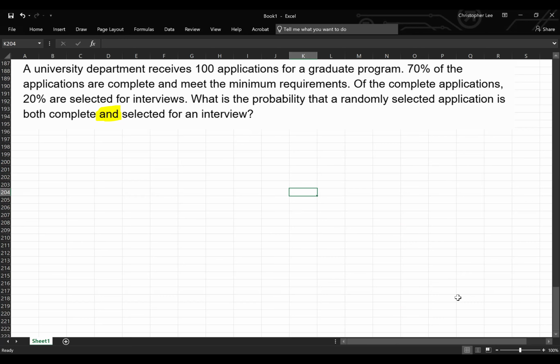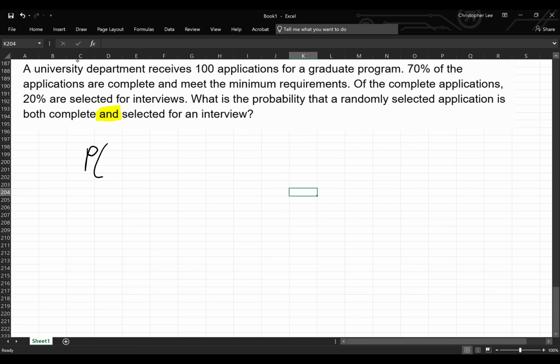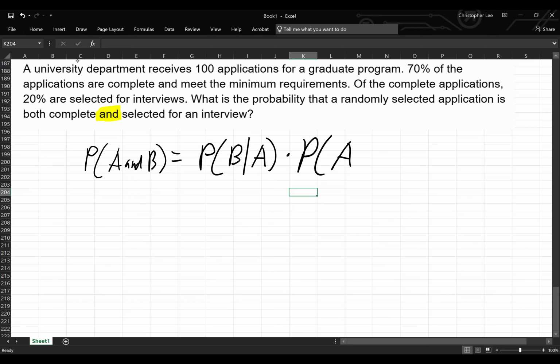Okay. So same game, right? Copy the formula. Start with the formula. This is the probability of A and B is equal to the probability of B given A times the probability of A, right?